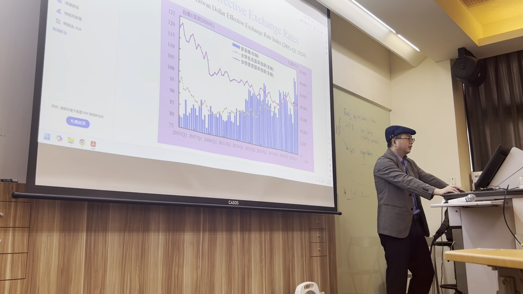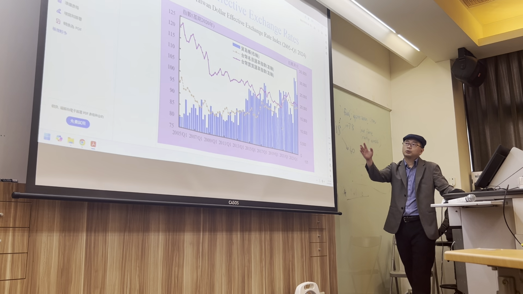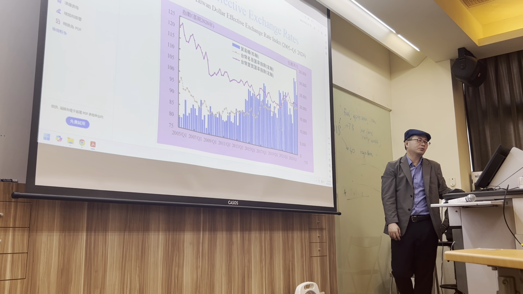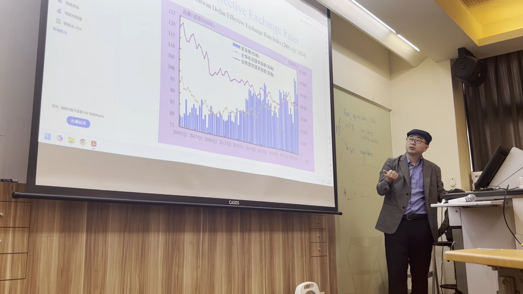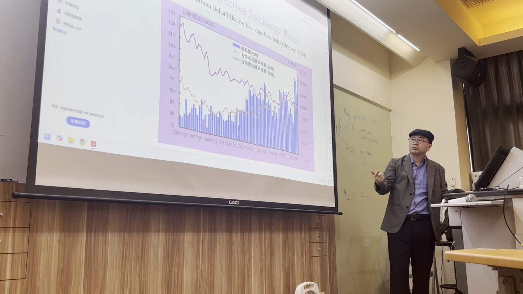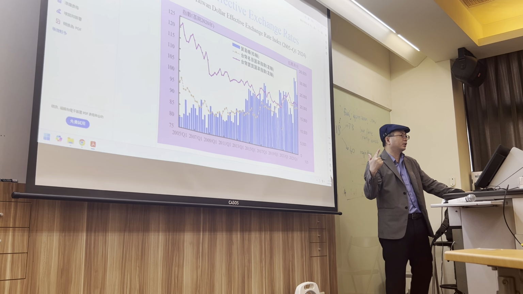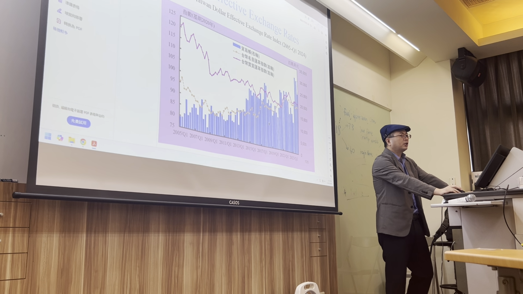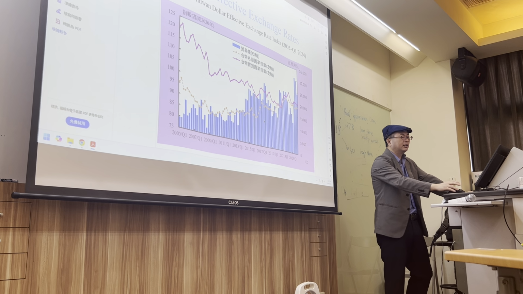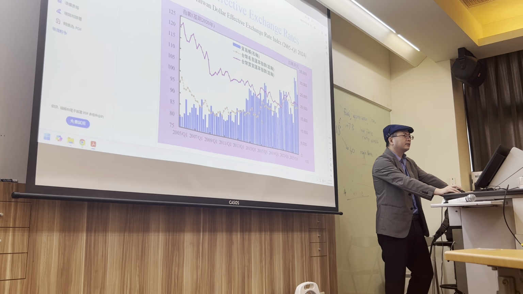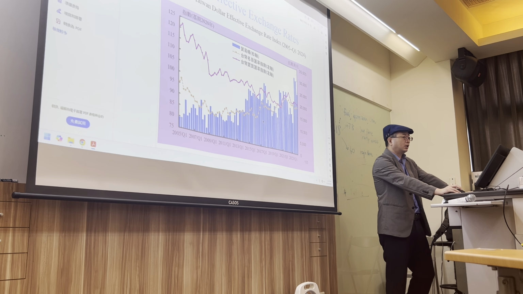All right, this graph shows you what happened between 2005 and 2024 in terms of the nominal index and the real index. As we mentioned before, Taiwan is an export-oriented country, so when exports become cheaper, it boosts exports and enhances GDP growth.